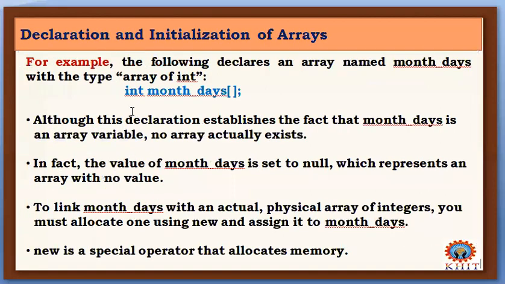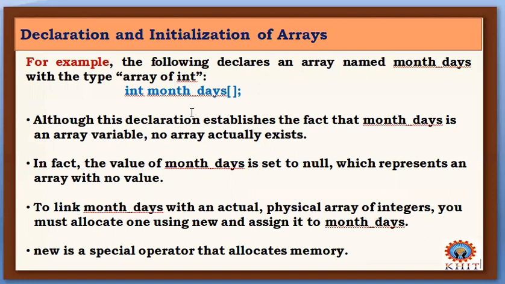one-dimensional array. Okay, here is a small example. So here the type of the array is int. That means this array holds only integer values. Int, then one space, followed by the name of the array.